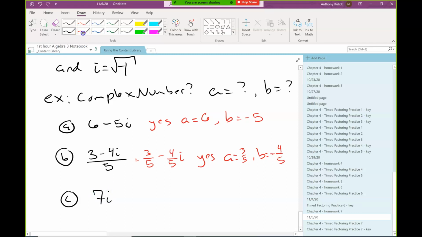How about 7i? Yes. Yeah, so we can think about this as 0 plus 7i. So the a is 0 and the b is 7. Okay.